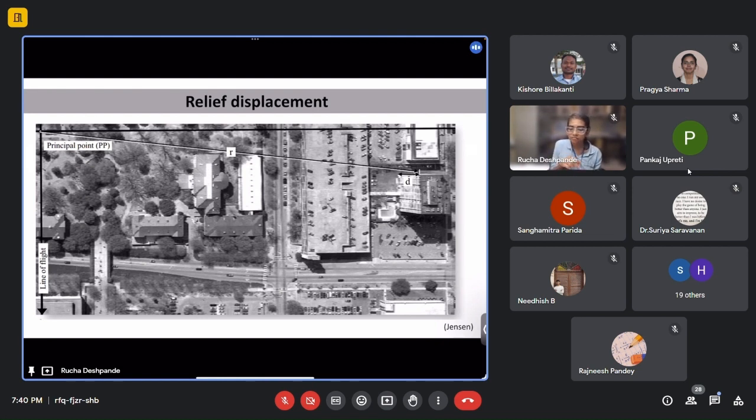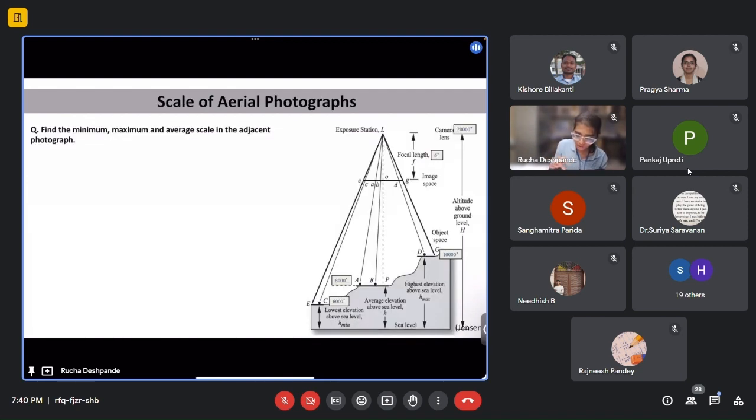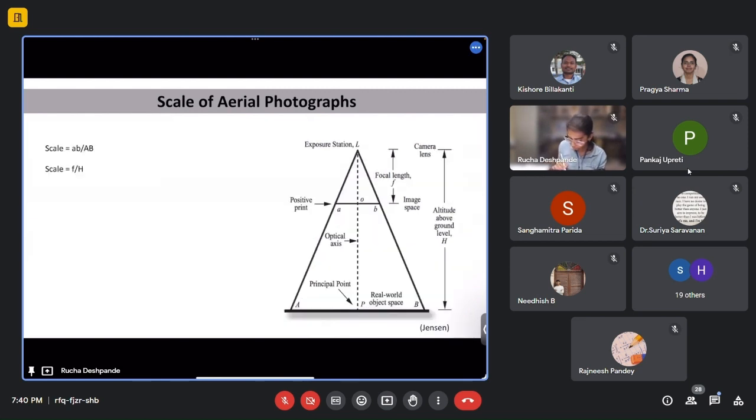Now I want to talk about relief displacement, but before that, to solve some of these problems, we need to understand the scale of aerial photograph. So this is very easy. So this is the real world object space, and this is the exposure station.